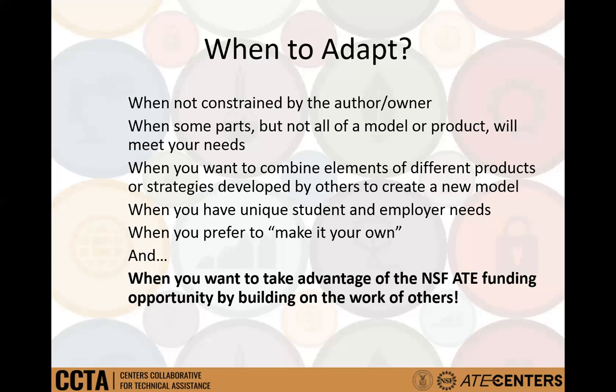With adaptation, you begin with something for which there's already evidence or indicators of success. This is something that has worked somewhere else. This previous success may be the result of hours of trial and error and numerous improvements from which you can benefit. As college faculty, we like having the academic freedom to create our own courses.